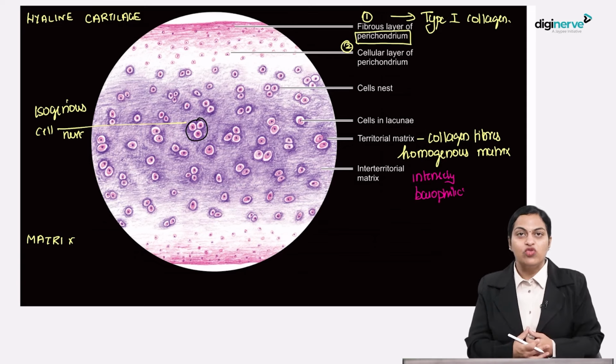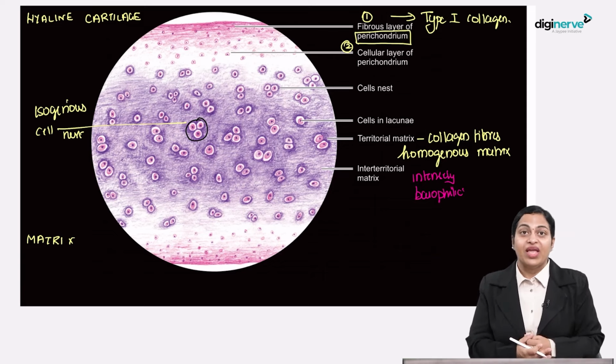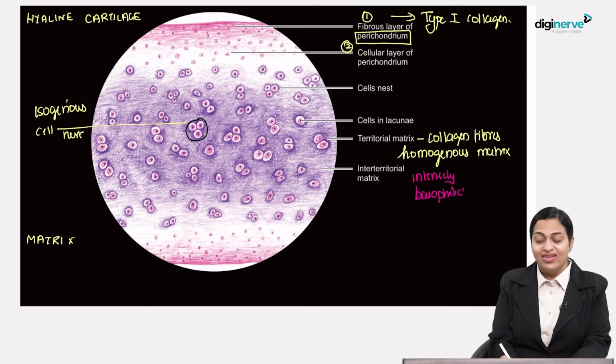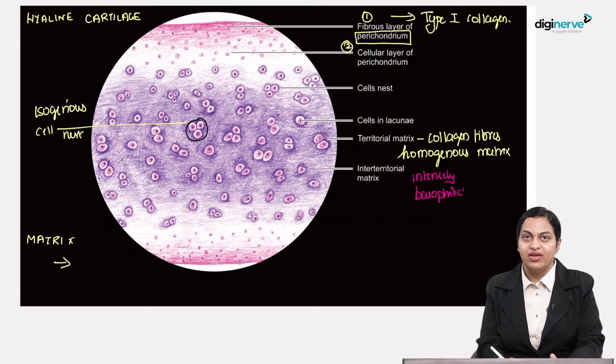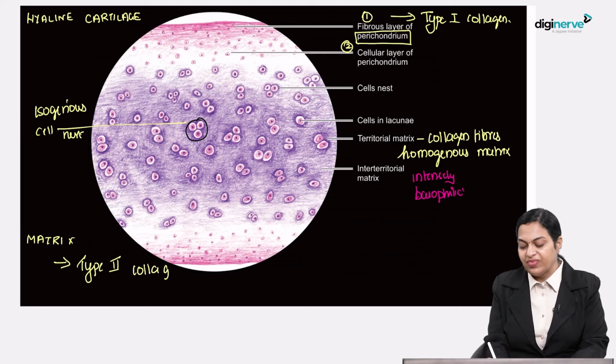Each isogenous cell nest may contain as many as 4 to 8 cells in a hyaline cartilage. The elastic cartilage also has isogenous cell nests, but they have smaller cell numbers, like 2 to 4, okay? And the matrix, the collagen fibrils, I told you, have the same refractive index and it appears transparent. The fibers present there are made up of type 2 collagen, right?